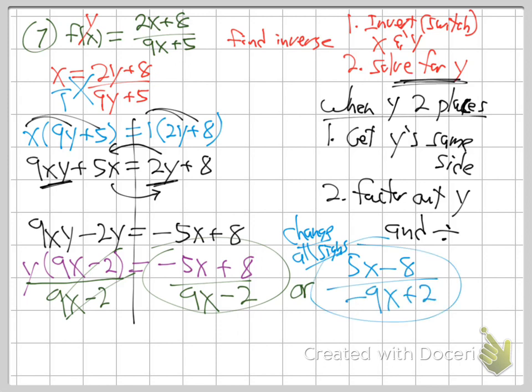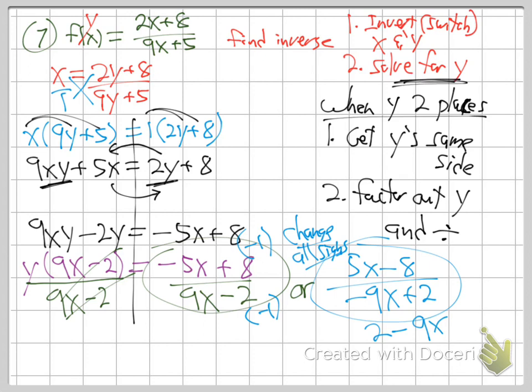Wouldn't it? Do you know those are the same? Either one of those, grab them. They're the same. See how the blue answer, all the signs are switched. Negative 5x becomes positive. Positive 8 becomes negative. Positive 9x becomes negative. Negative 2 becomes positive. All they did was multiply top and bottom by minus 1, which doesn't change anything. Or they could switch the order on the bottom and make that 2 minus 9x.